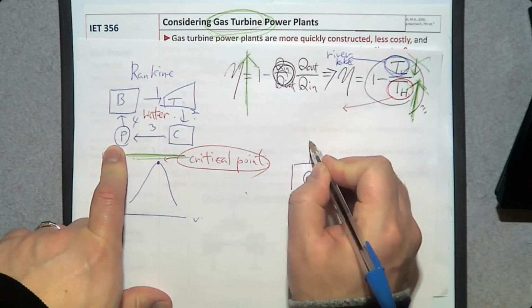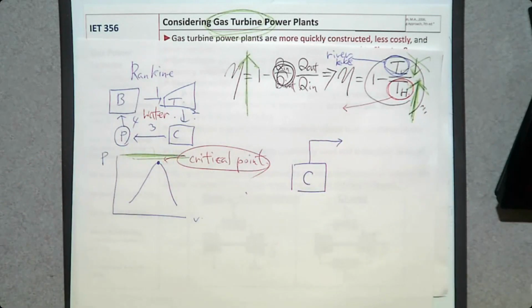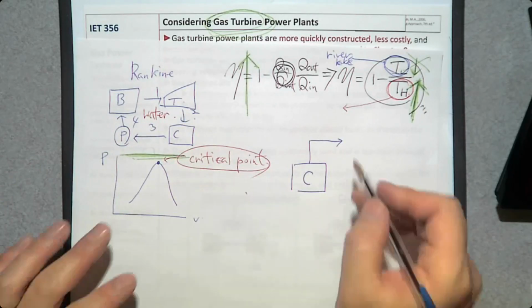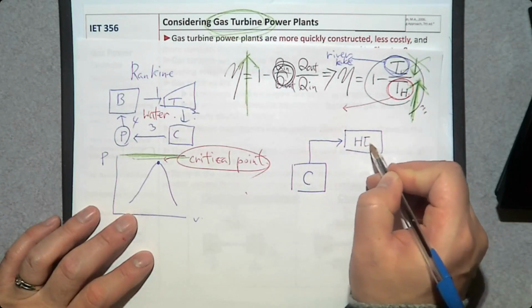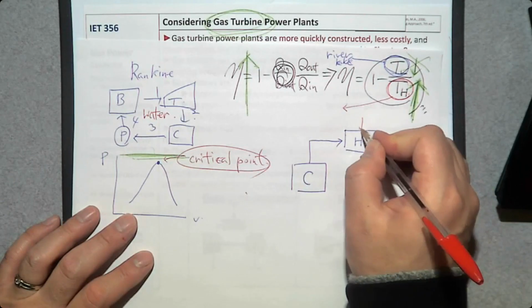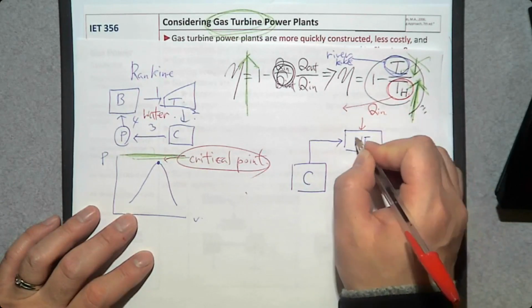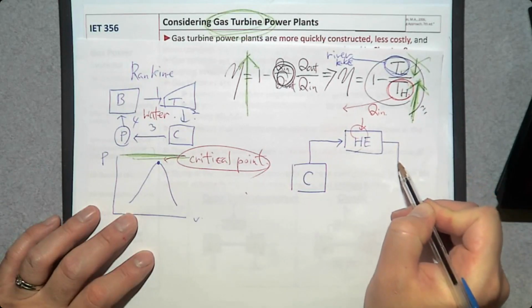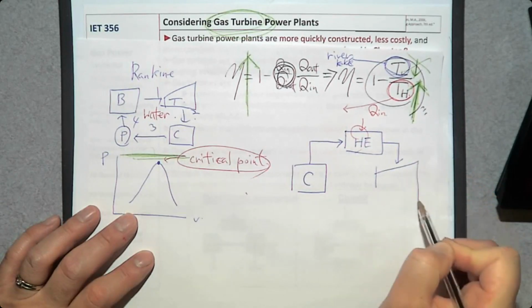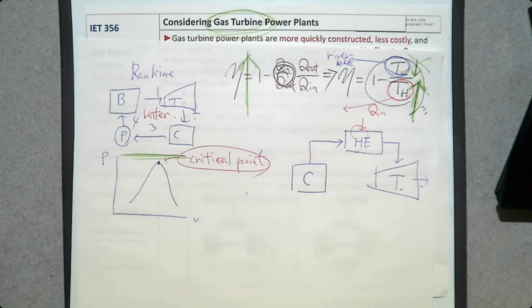Once we compress the gas, it goes into the combustion chamber or heat exchanger where we obtain high temperature heat. So it increases pressure and temperature even further. Then it goes into the turbine to produce work.